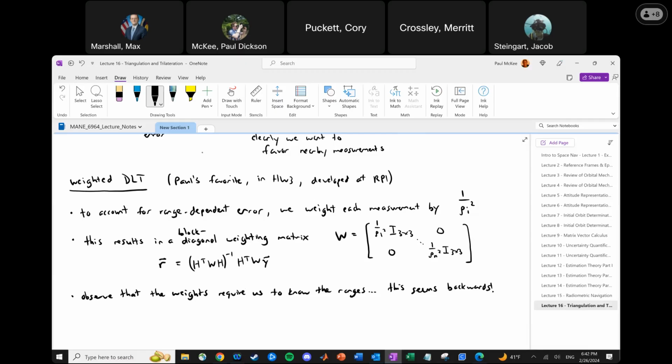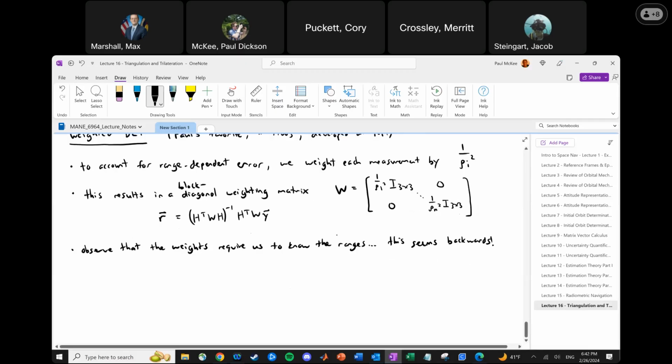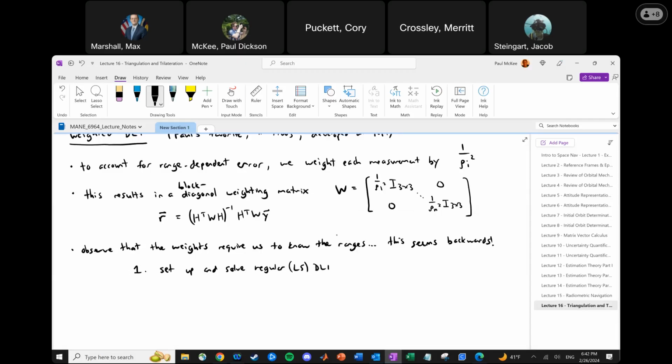So here's the procedure. Number 1, set up and solve the regular unweighted least squares version of the DLT, direct linear transform problem. Then use your estimated position to compute estimated ranges. So we'll call these rho i, where i equals 1 to n.